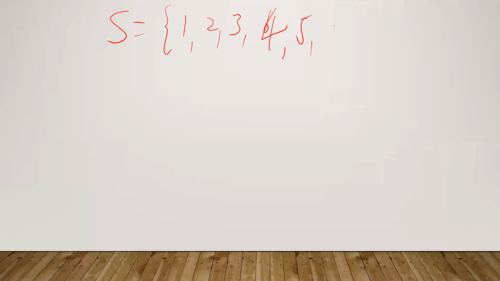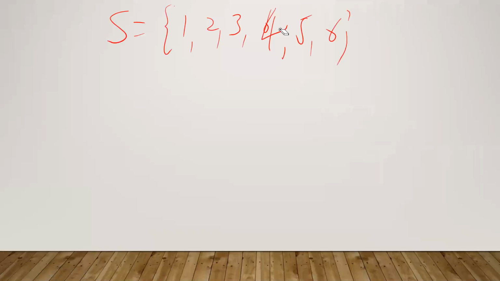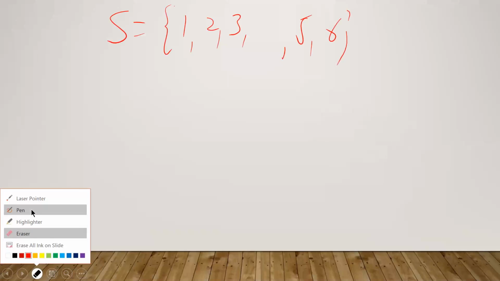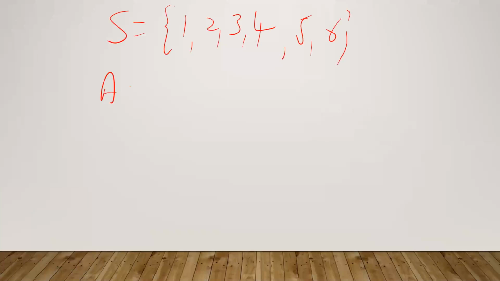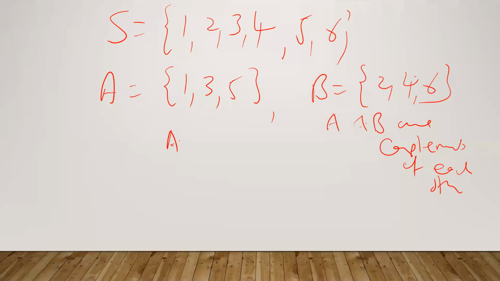If you take the two events as, the first one as getting an odd number, suppose A is this event 1, 3 and 5, and B is getting an even number, then I know that they are complements of each other. जो A में नहीं है वो B में है, तो A and B are complements of each other. उनमें कुछ भी common नहीं है, और जब मैं इन दोनों को unite करूंगी तो I get S. So A and B, they are mutually exclusive as well as exhaustive, and they are complements of each other.